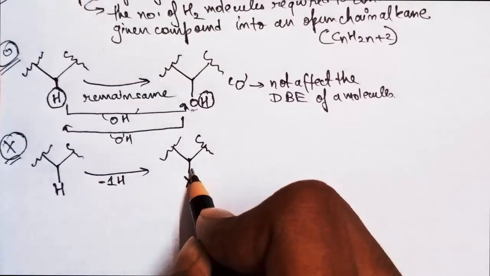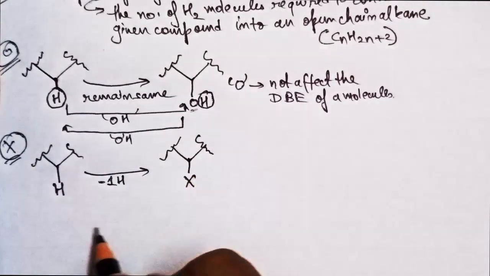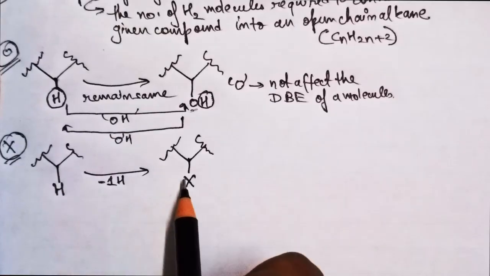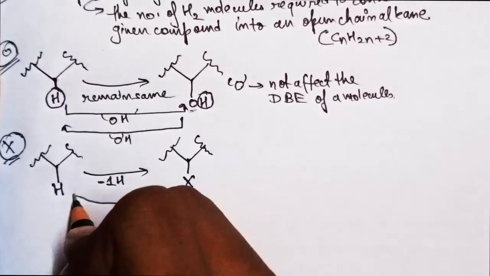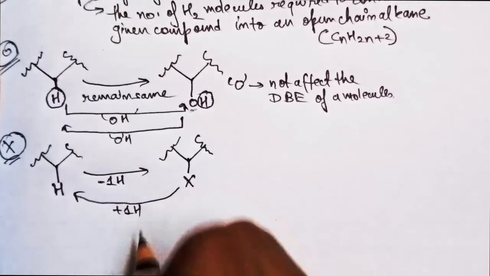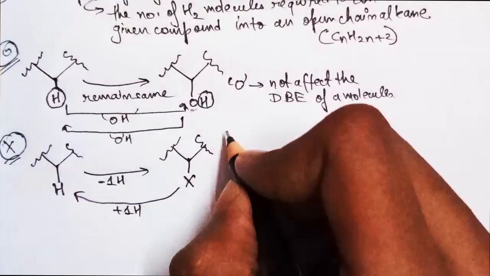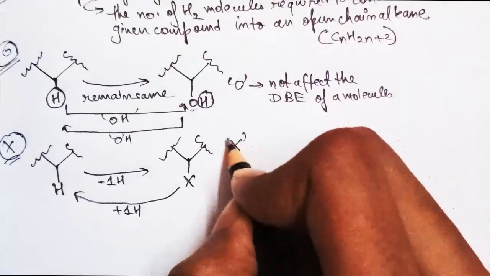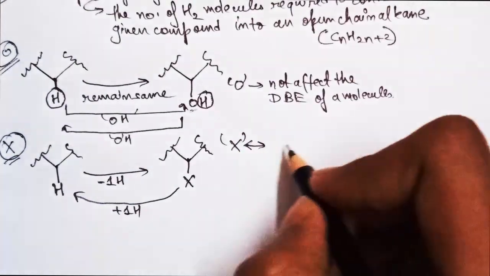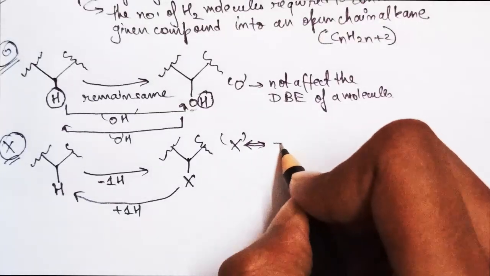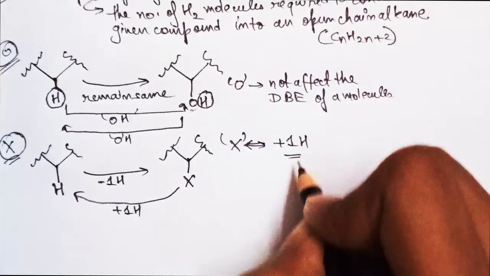Therefore, if we need to find the corresponding hydrogen compound for a halogen, we must add one hydrogen to the molecule. This implies the halogen species is equivalent to one extra hydrogen.